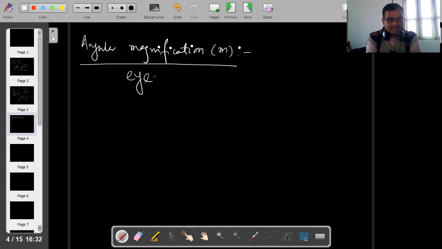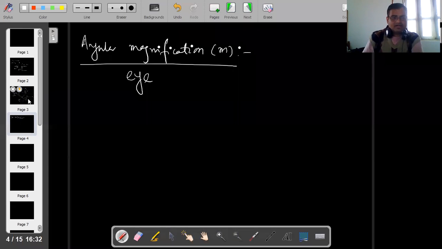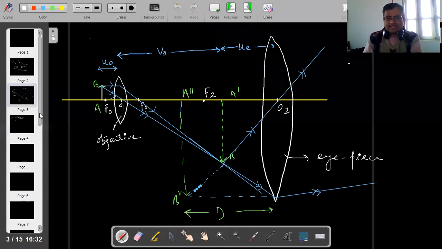Means the object must be at D and the image must be at D. Already the final image is at D, but the object is not at D.